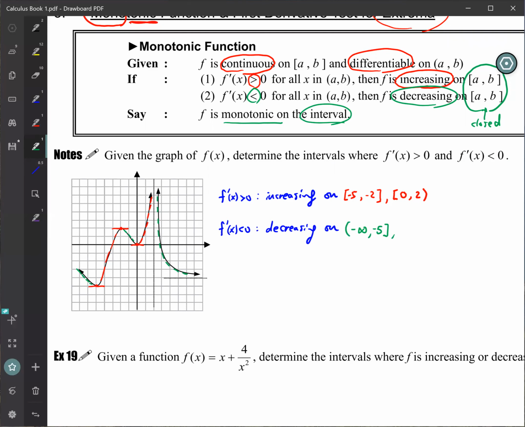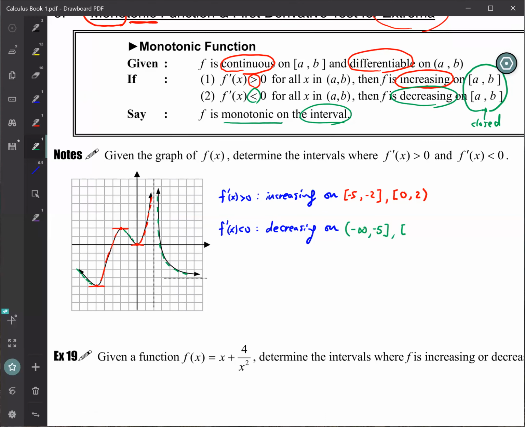If you finish, please raise your hand. 2 more intervals. Nicole, what's the second interval?